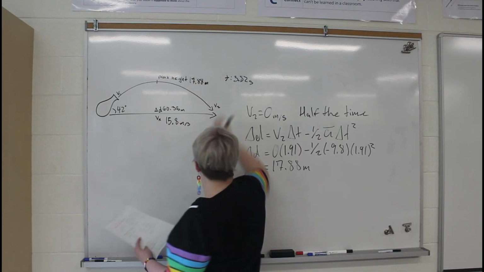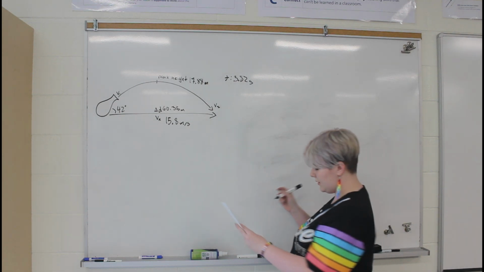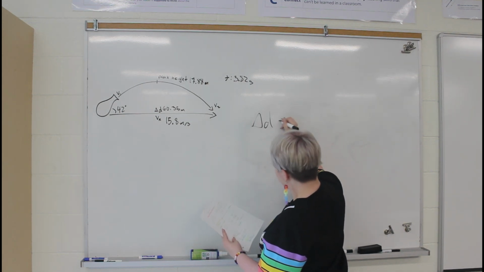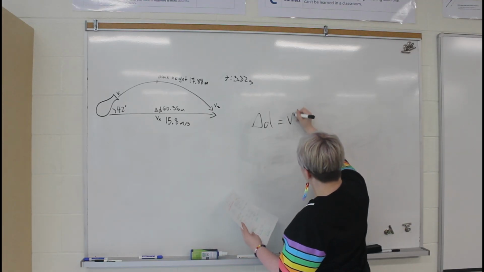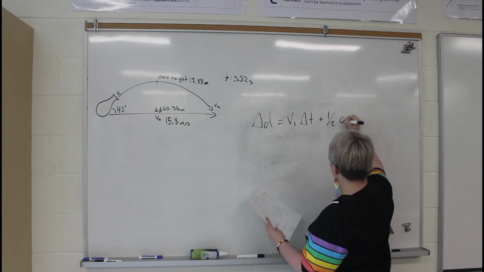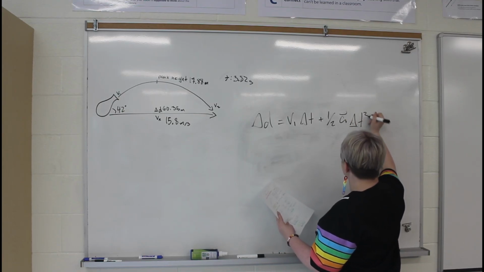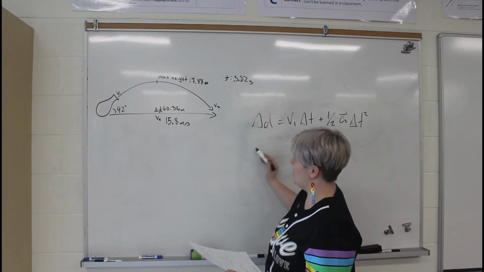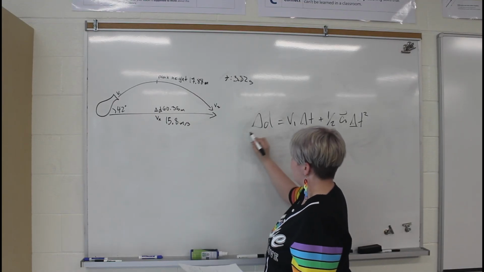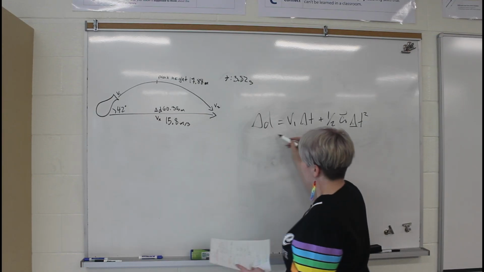so 17.88 meters. So the initial velocity in the y-axis, so we're using the equation delta D equals V1 delta T plus 1/2 A delta T squared. And when we're solving for the initial and the final velocity, we know that the distance in the y-axis will be 0 because it starts and ends at the same point.